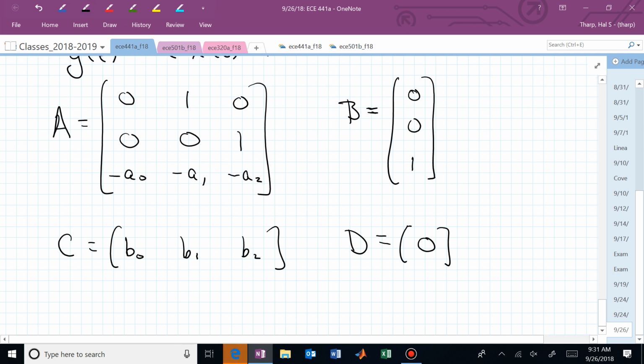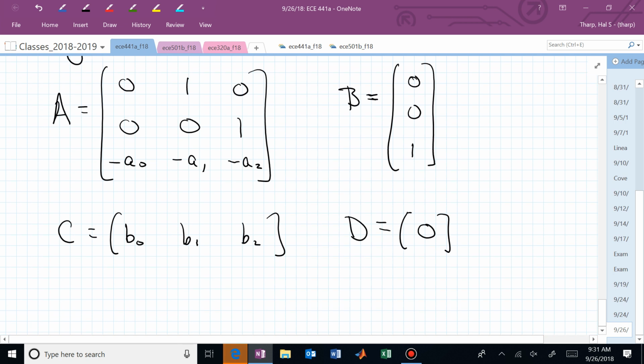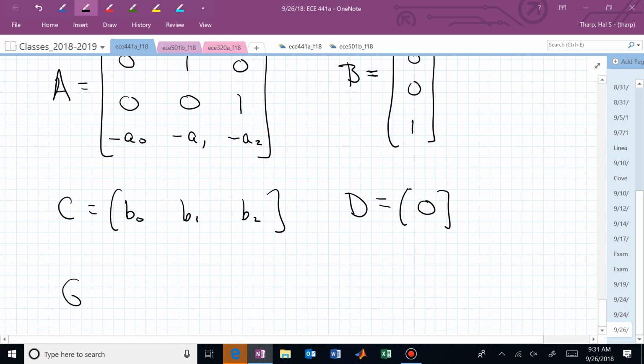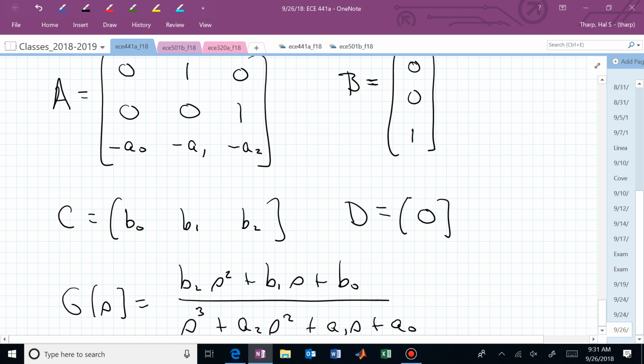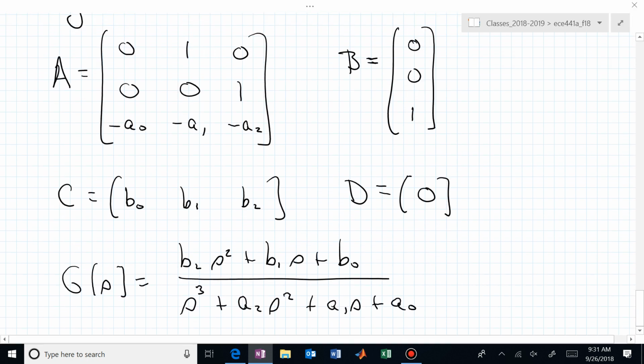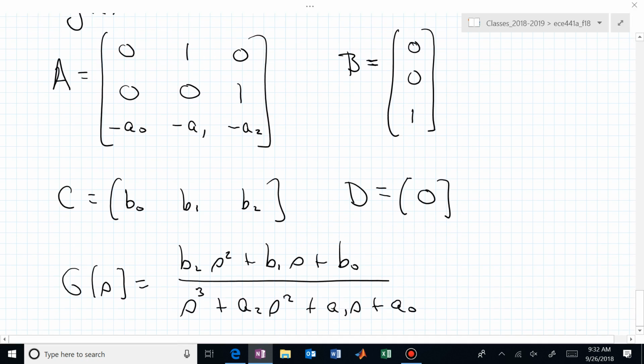And now, if somebody gave you a transfer function G of s that was b2 s squared plus b1 s plus b sub 0 over s cubed plus a sub 2 s squared plus a1 s plus a sub 0, do you see how you could say, oh, I can, by inspection, fill in my state space representation?